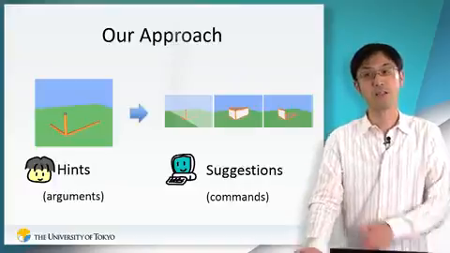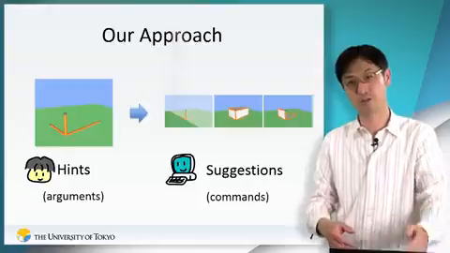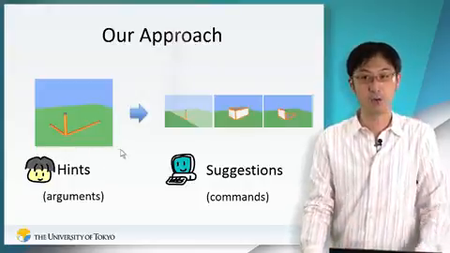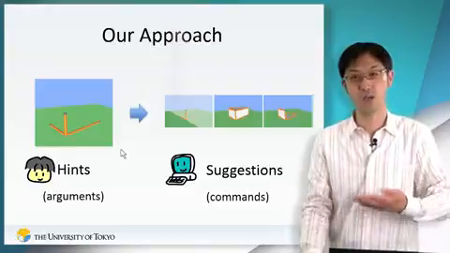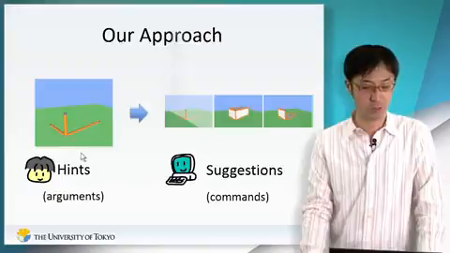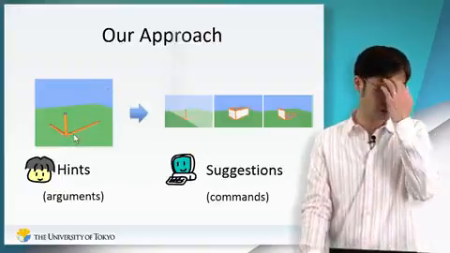Our approach is, instead of asking the user to explicitly specify the commands, we only ask the user to provide hints about the operation they want to do in the main screen, the main field. Suppose you are working on 3D modeling, and you want to do something related to these three elements in the scene.